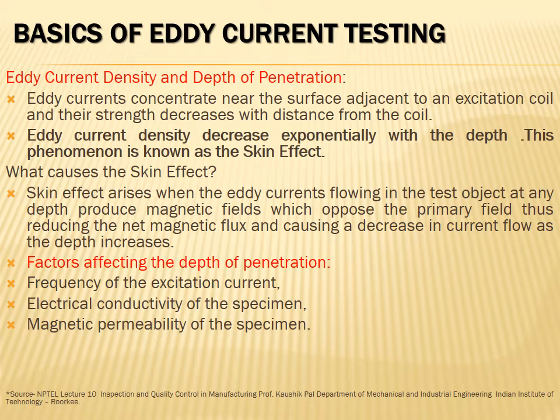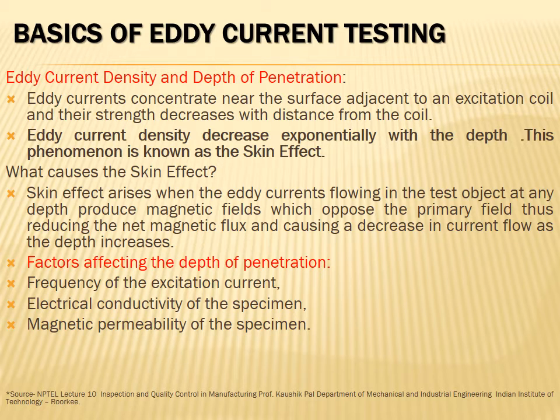That is important. So that causes the skin effect. Basically the magnetic field produced in depth opposes the primary field, reducing the net magnetic flux, and then causing a decrease in the current flow as the depth is increased.